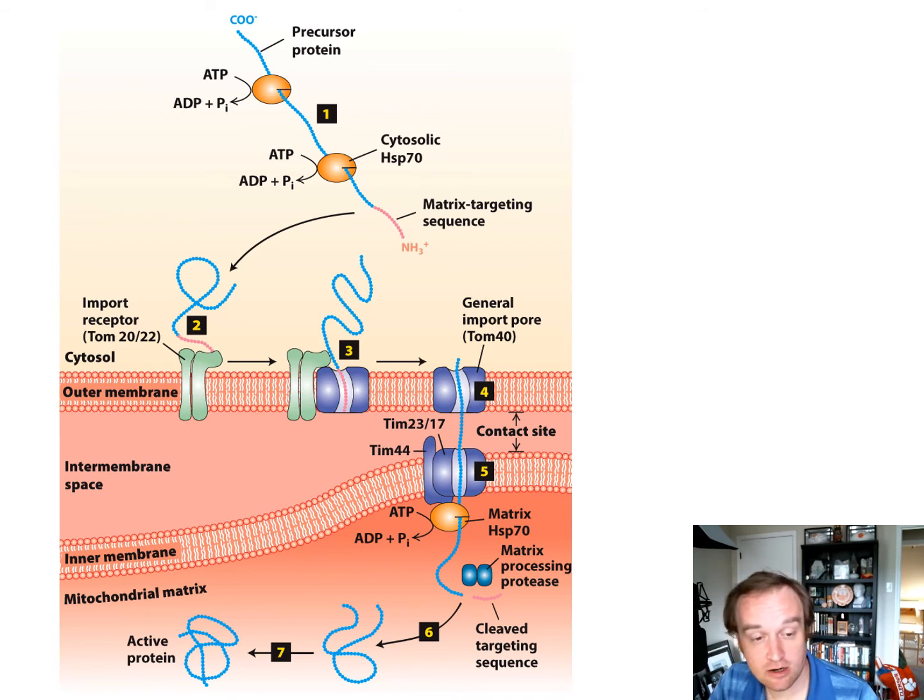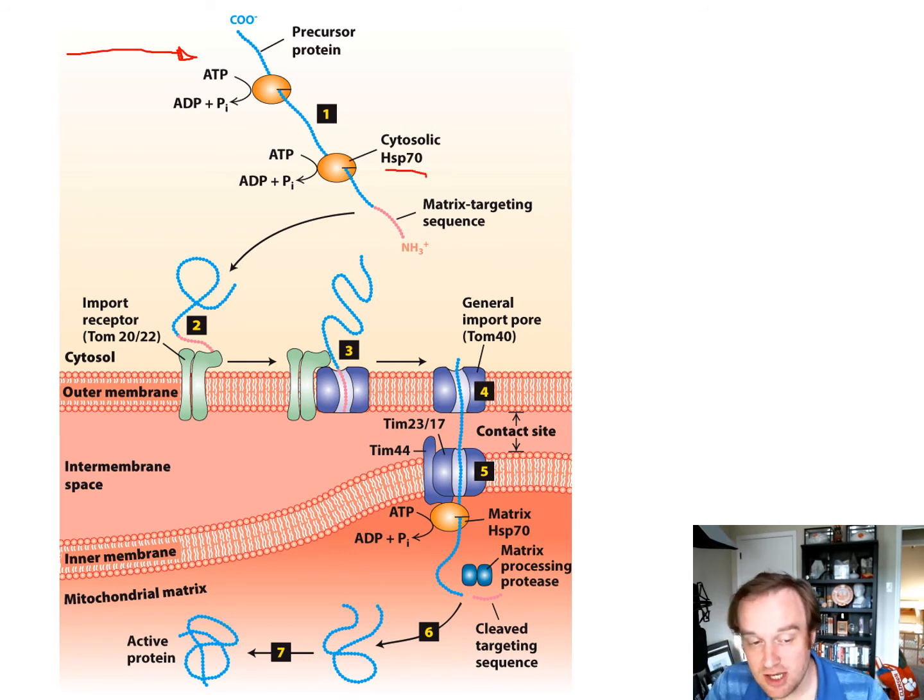And so our first step here, a pre-step, is that precursor protein synthesis occurs on the cytosolic ribosome. So in the cytosol, proteins are being made just like normal, and then we go to the import steps. So in step 1, the amino acid chain is maintained in an unfolded state by bound chaperones such as HSP70, which is heat shock protein 70.